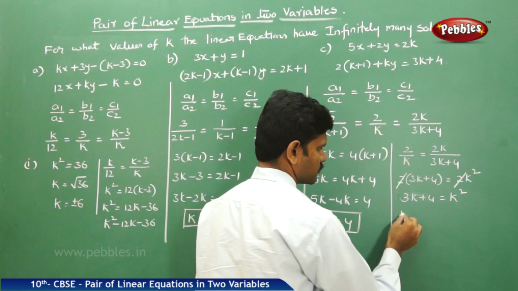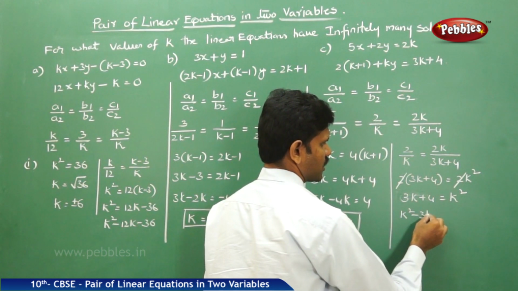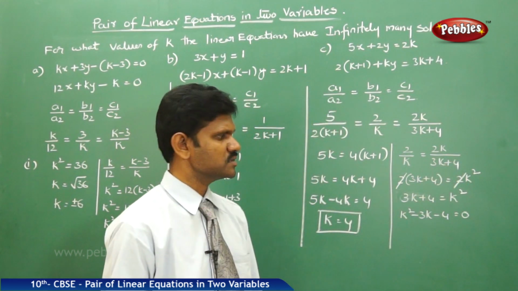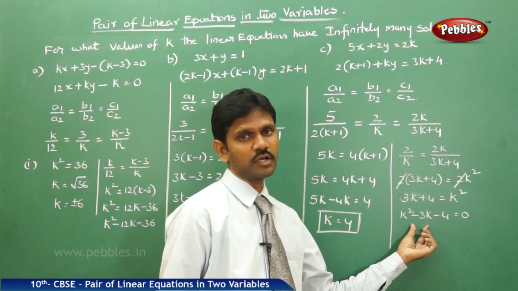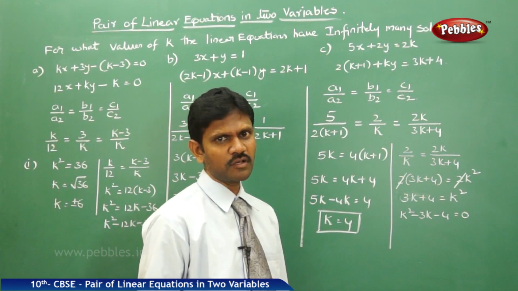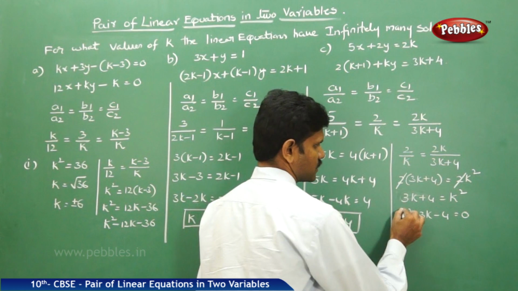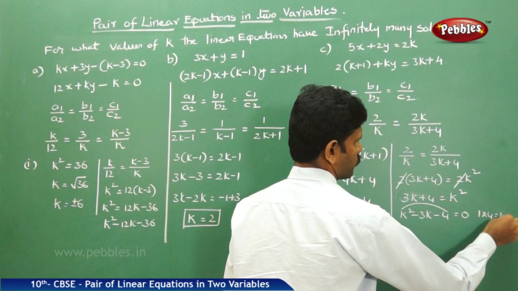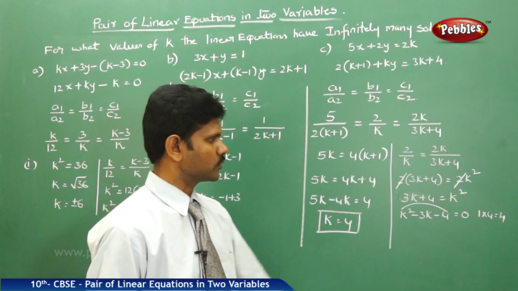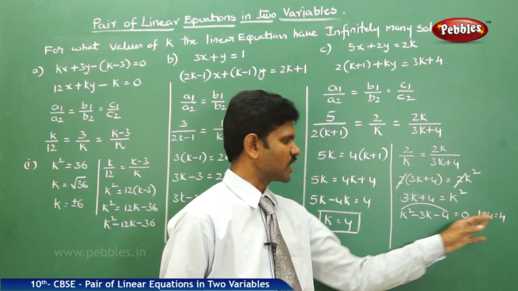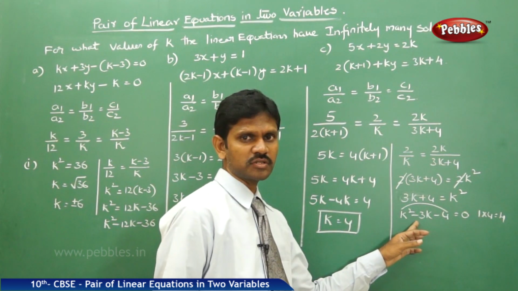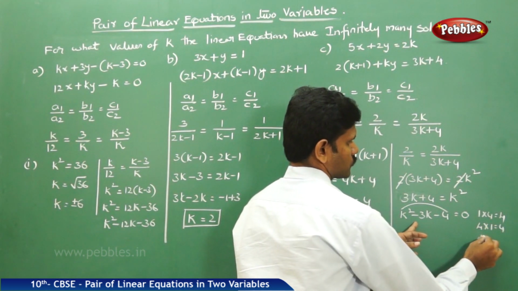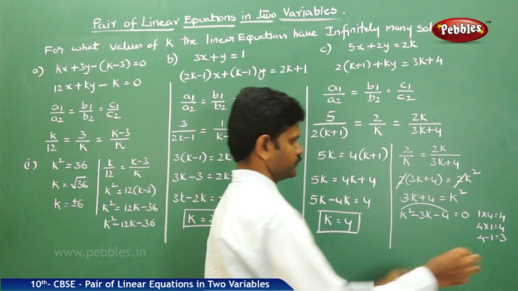Now arrange in order, K square minus 3K minus 4 is equal to 0, which is a quadratic equation. How to solve the quadratic equation? We know very well, 1 into 4 is equal to 4. That means you have to find the factors of 4 whose subtraction gives the number 3. Factors are 4 ones are 4, 4 minus 1 is equal to 3.